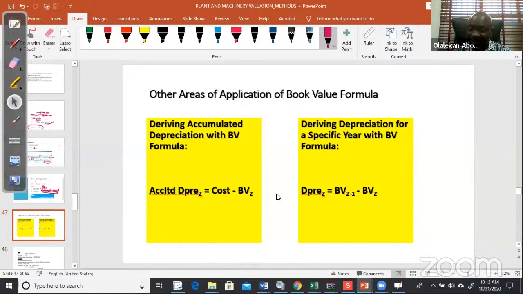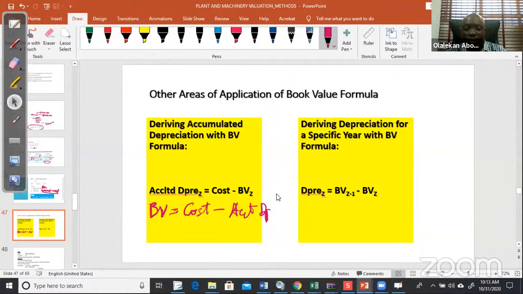If you go to your equation of accumulated depreciation, let me give you an instance. Recall that your book value, the generic formula, is what? Cost minus accumulated depreciation.